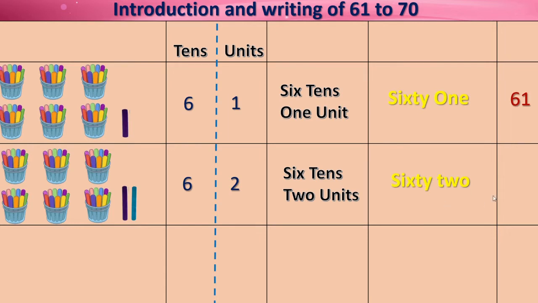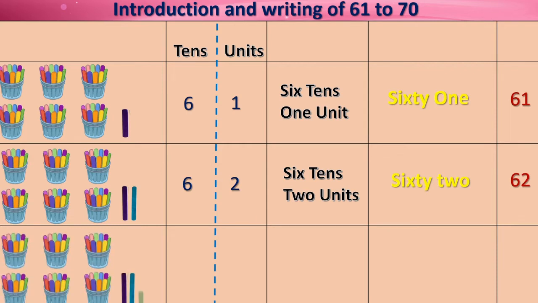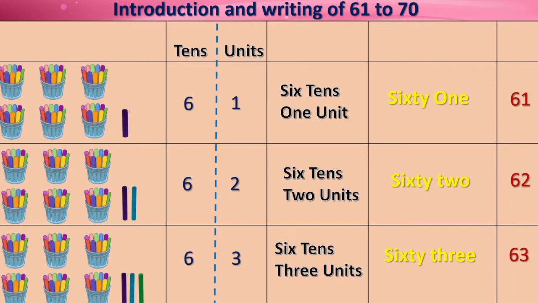In numeral 60 and 2 makes 62. Dear children, we will add one more stick to 62 sticks. Here it is. Okay, now it became 6 tens and 3 units, right? Okay, that makes our number 63. 60 and 3. Nice, that makes 63.